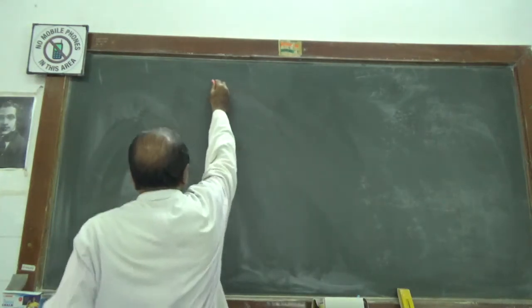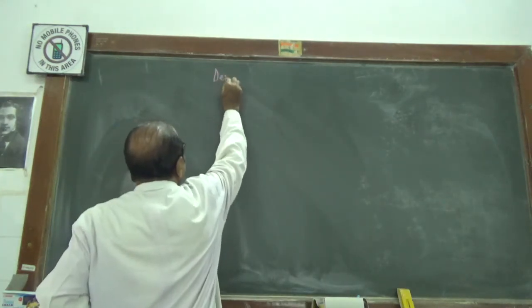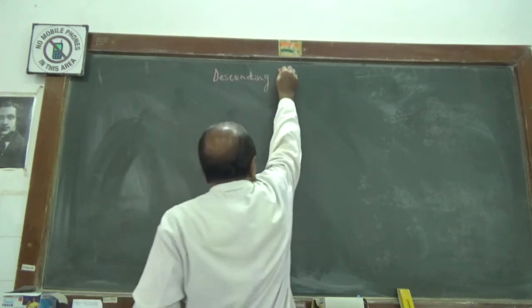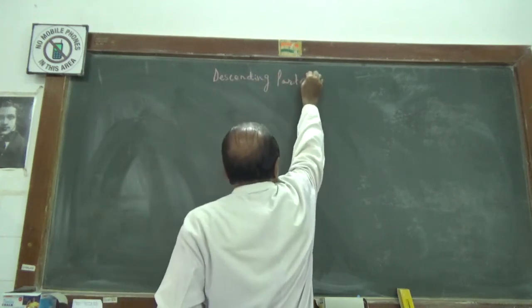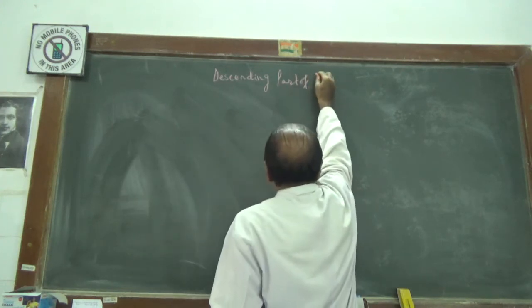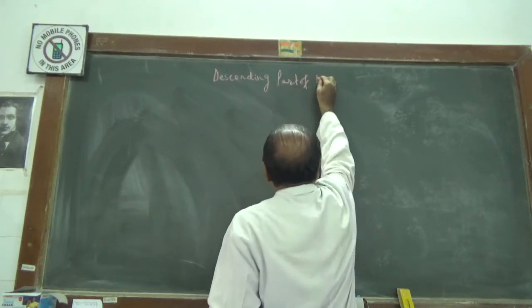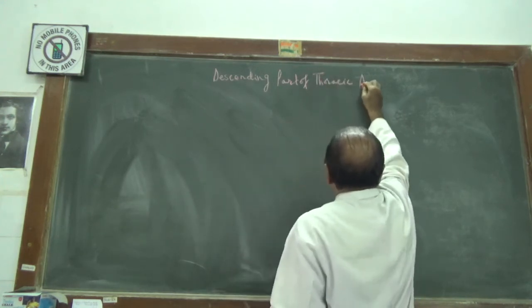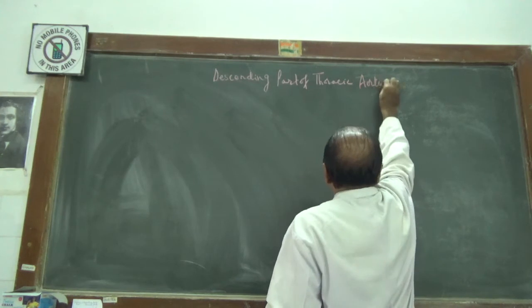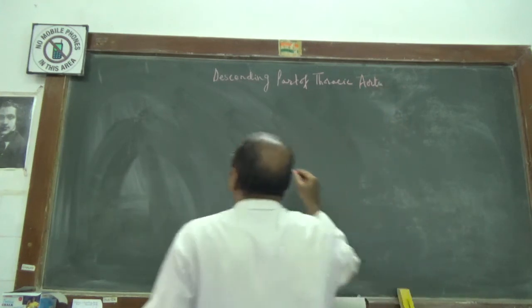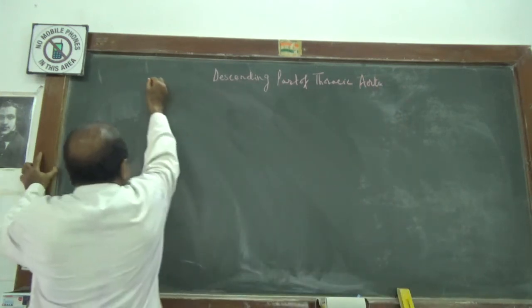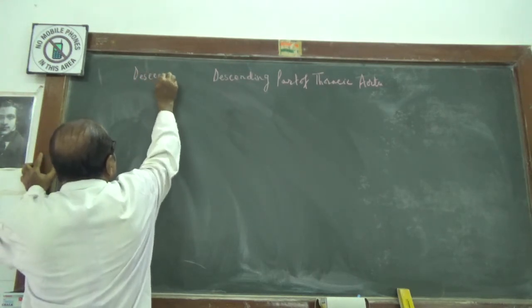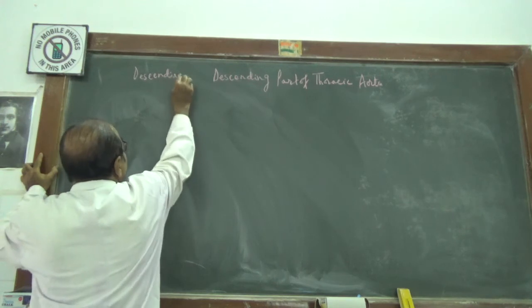Descending part of thoracic aorta. That is also called as descending aorta.